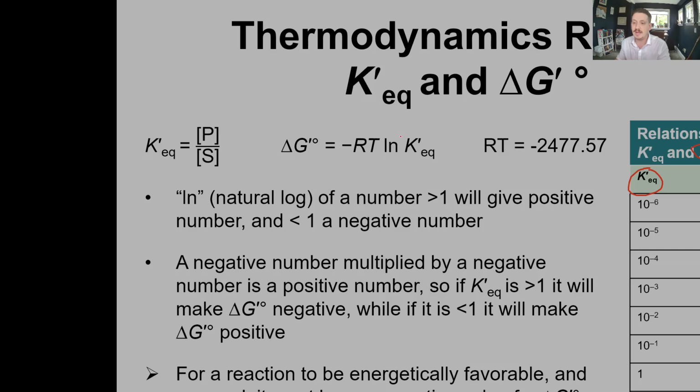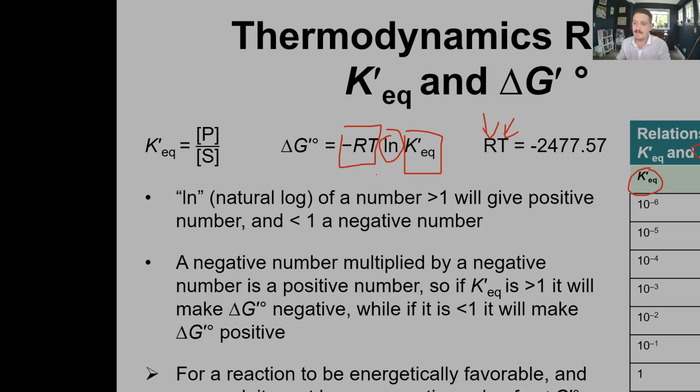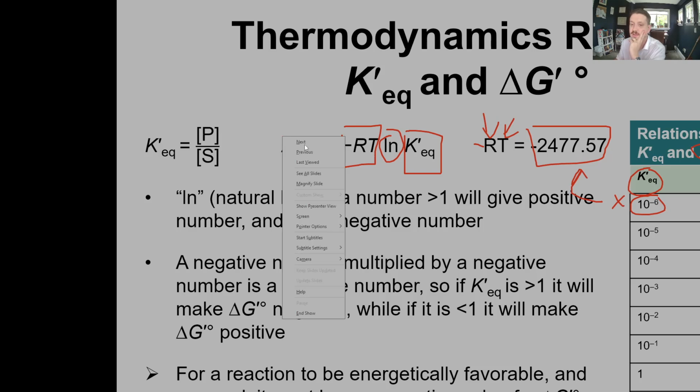And then from that, you can plug KEQ into here, find the natural log of it, multiply it by negative RT, where T is room temperature in Kelvin, R is the ideal gas constant in joules per Kelvin per mole, and thus multiplied together, they're going to be this. That actually should be there. And so if we multiply this by this, it will give us this.